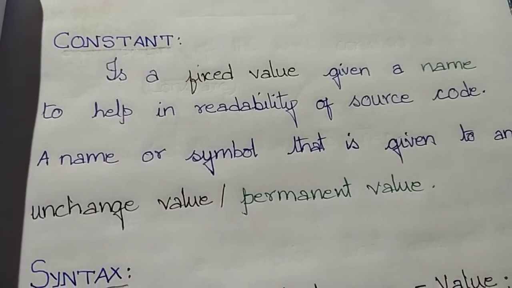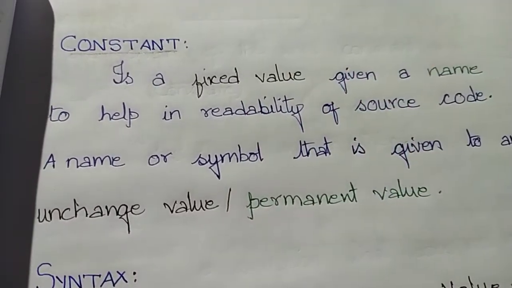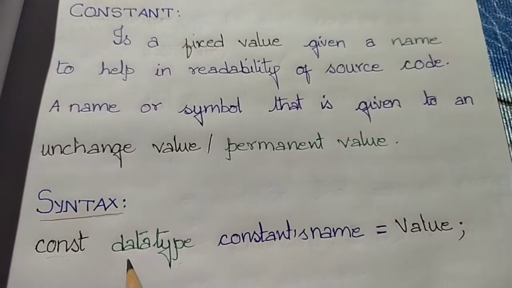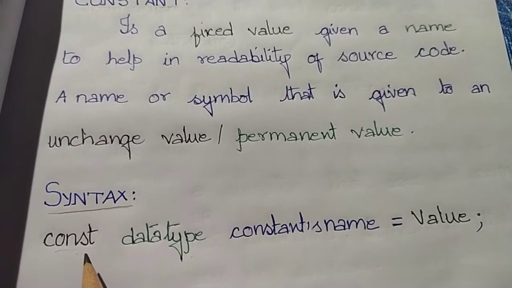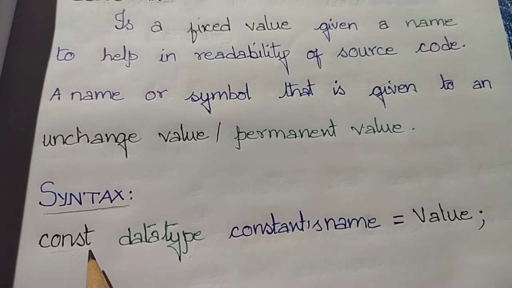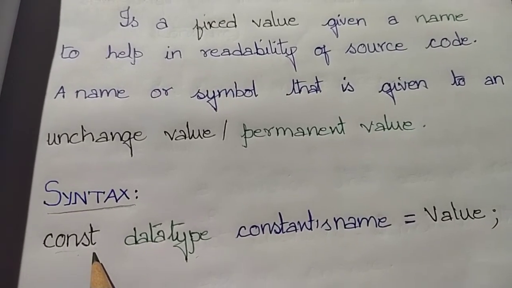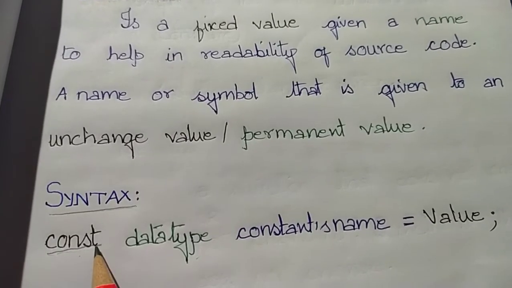So now how will we declare the constant in the C program? We have the syntax that we need to remember and follow. First and foremost, to declare a constant, we have to use the keyword const, C-O-N-S-T.